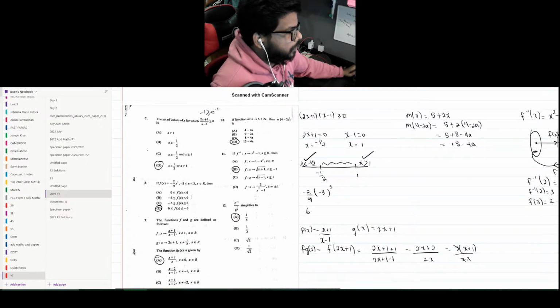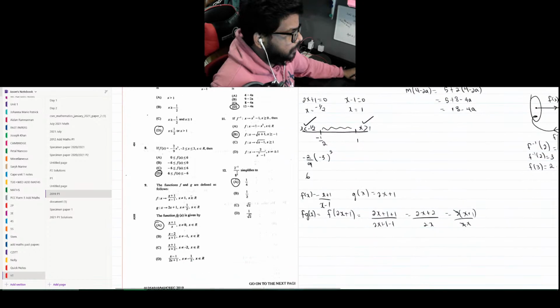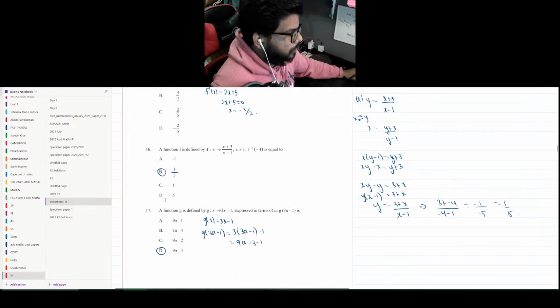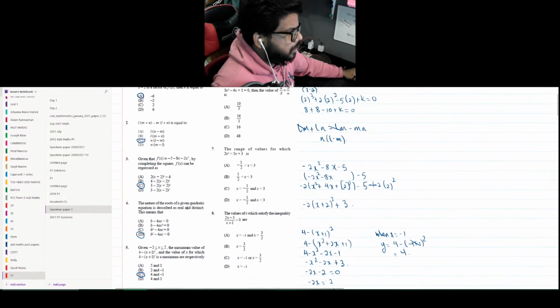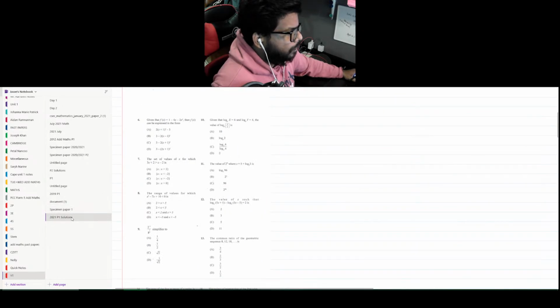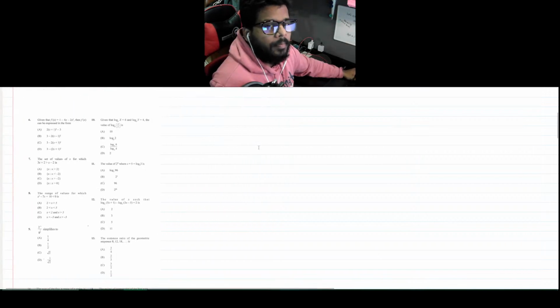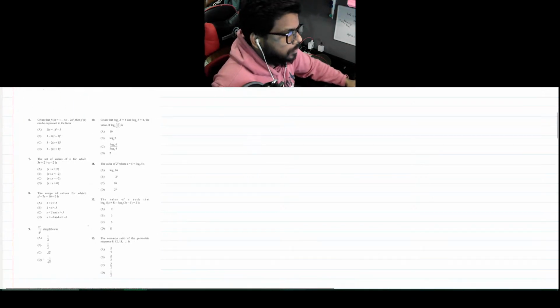This had to be from 2019, or was it from the specimen paper? Let's see. Same procedure, not the same numbers.